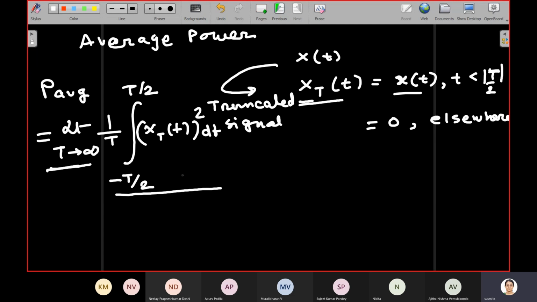So in general, the definition is this: if the signal does not decay over time, does not go to 0 after a certain time, truncate the signal over some time interval, find the integration as defined here, divide that by T, and then let T go to infinity. This gives the average power.